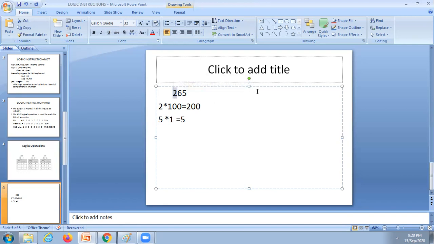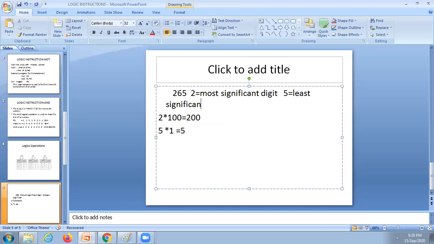That's why 2 is called the most significant digit, and 5 is called the least significant digit.